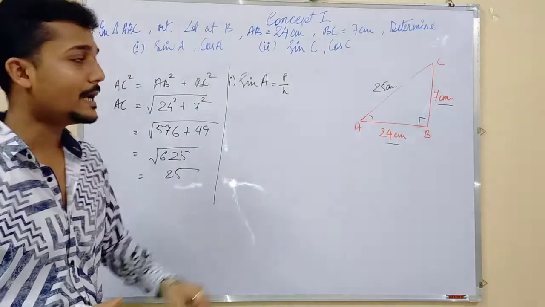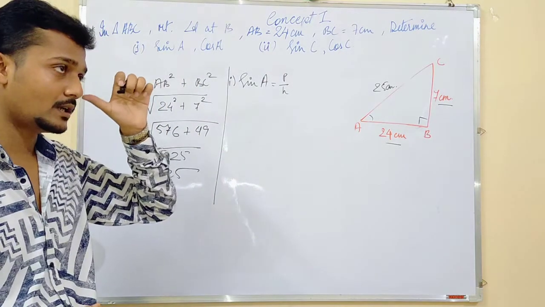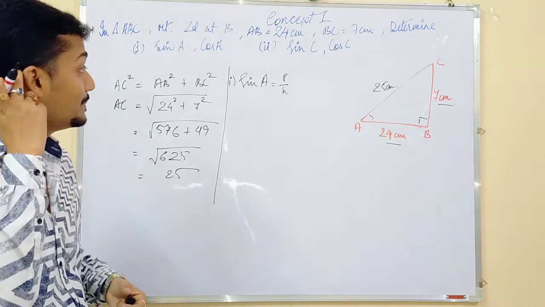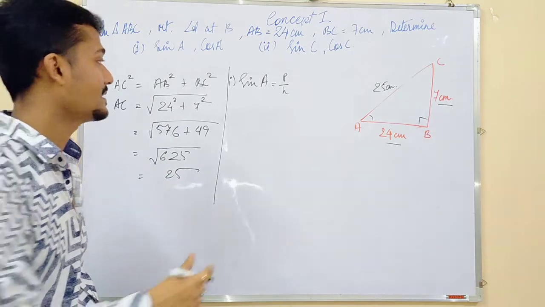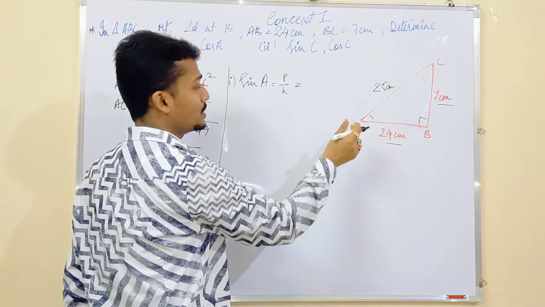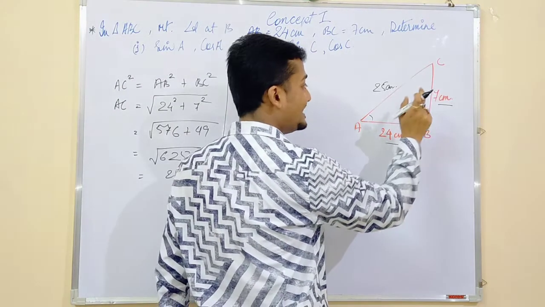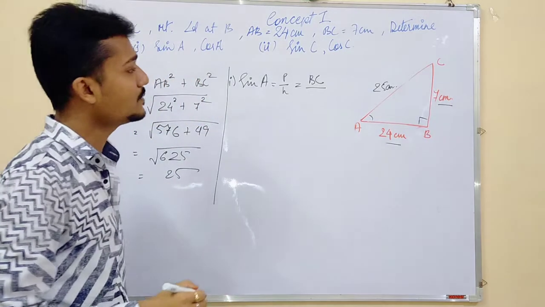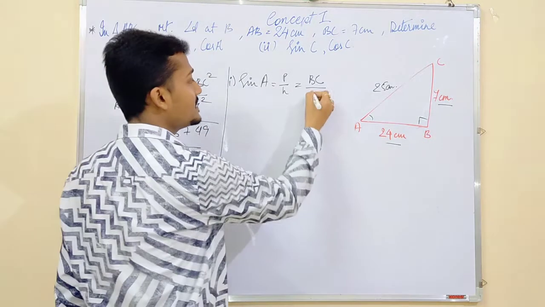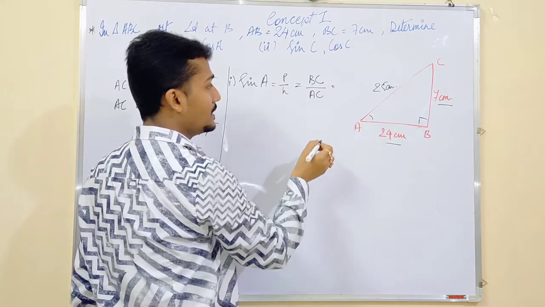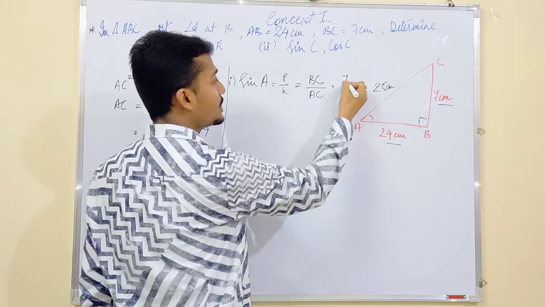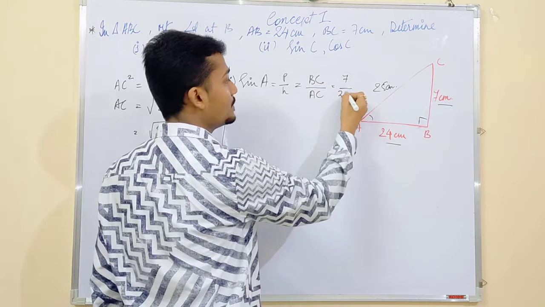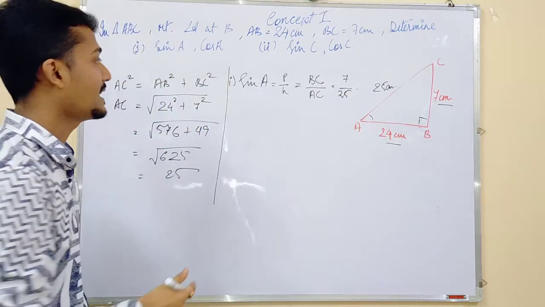Initially I am taking P by H, but after doing certain sums, you should remember P by H in your mind and directly take the sides. Here P is BC and H is AC. So P, that means BC, is equal to 7 and H is 25. So sin A is 7 by 25.